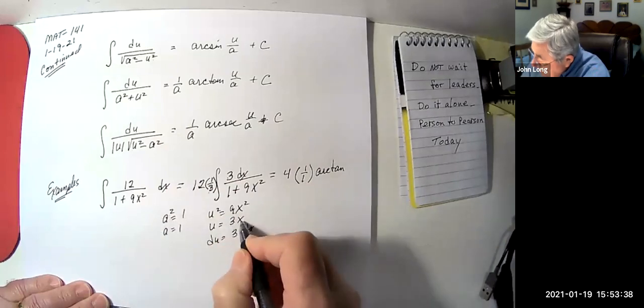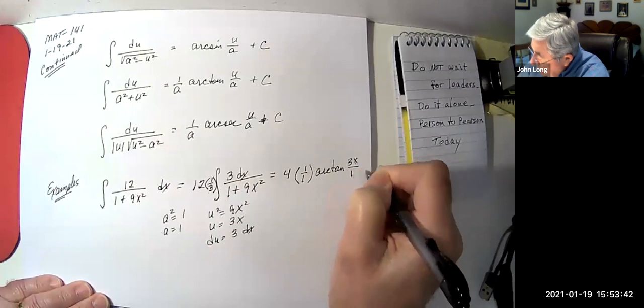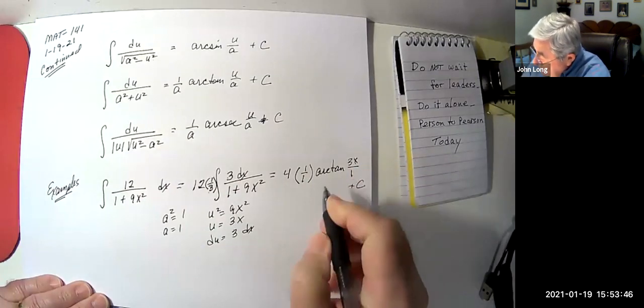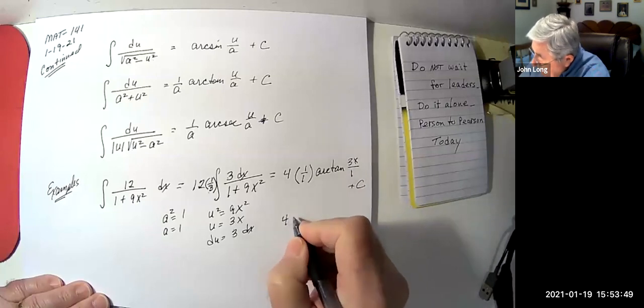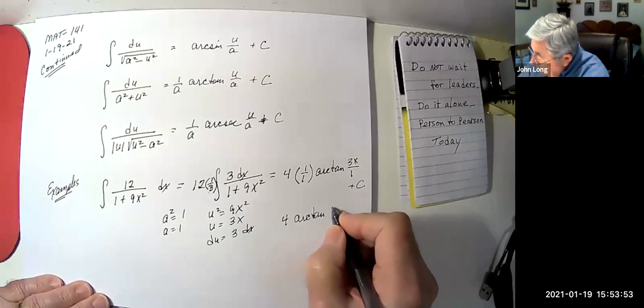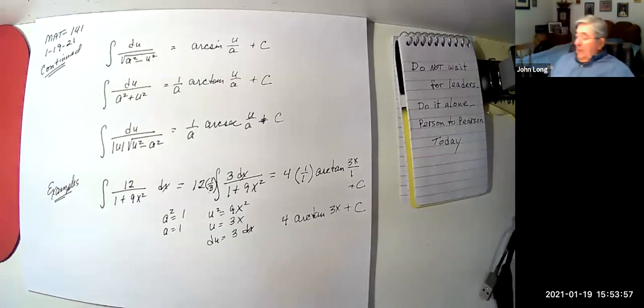Arctan u is the 3x over a, which is 1, plus c. So without all the extra parts, now you just write 4 arctan 3x plus c. And that's the way you finish that problem.